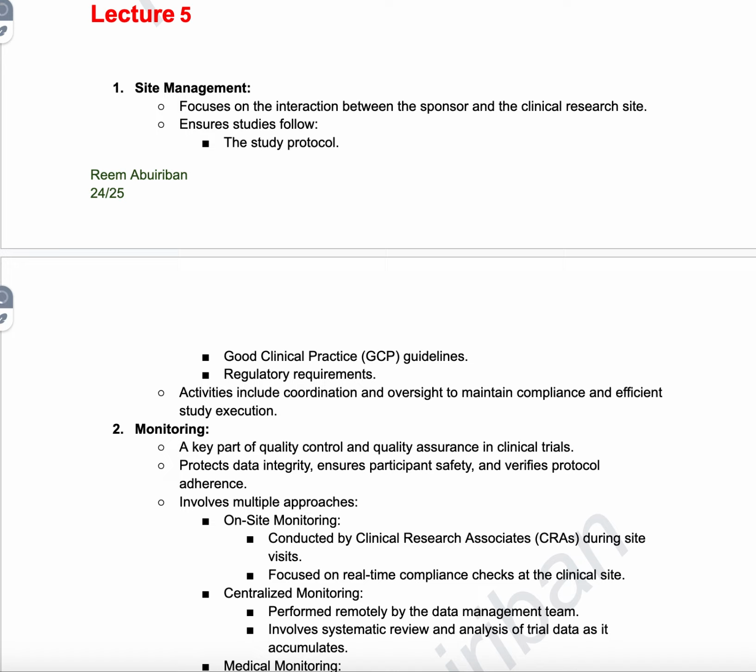So site management just focuses on the interaction between the sponsor and the clinical research site. This is the function of it, and the goal is to ensure that the study follows the study protocol, and also good clinical practice and the regulatory authorities that we described before.